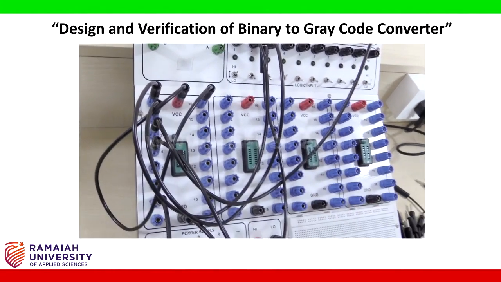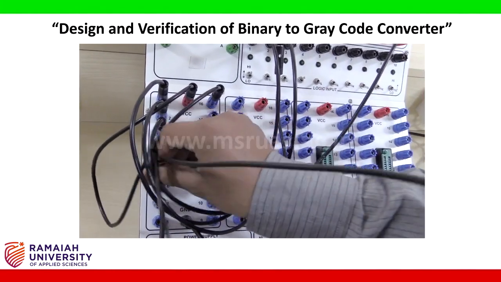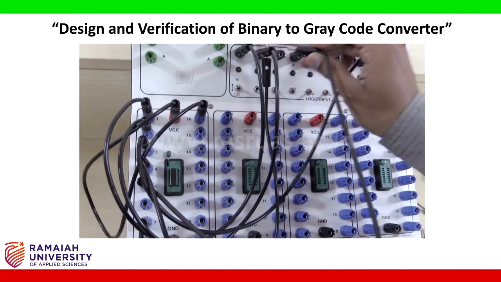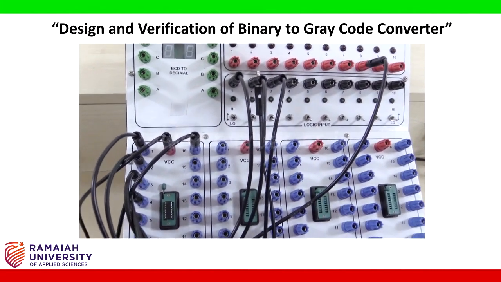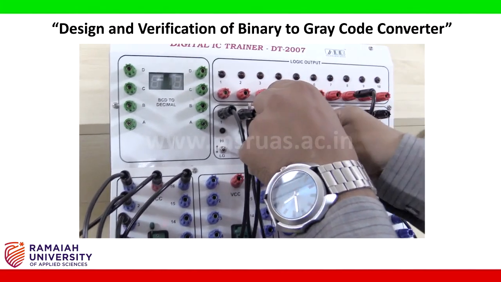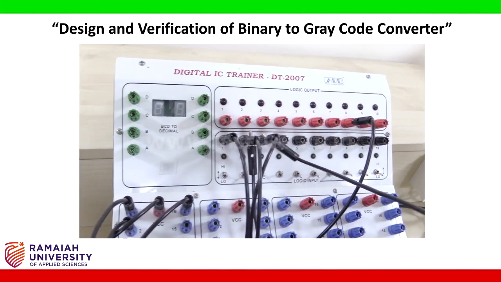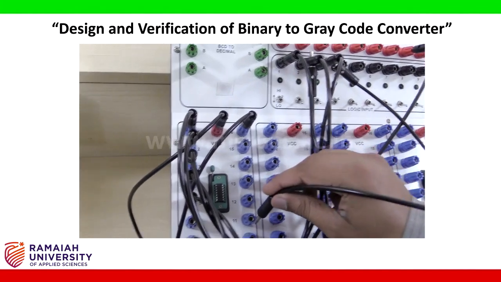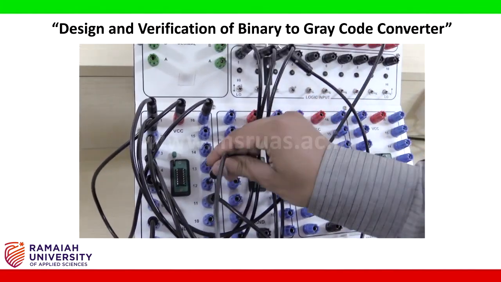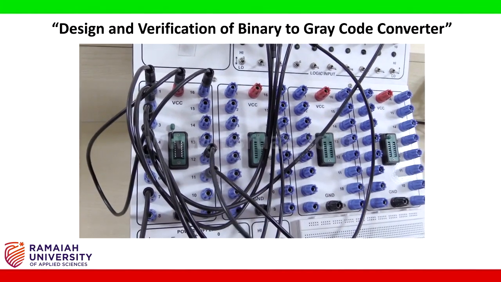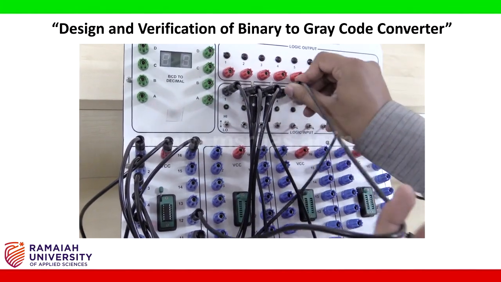Pin number 5 of the XOR gate is connected as input B1, and from the same input B1 we are connecting to pin number 9 of the XOR gate. Pin number 10 of the XOR gate is connected as one more input, that is B0.